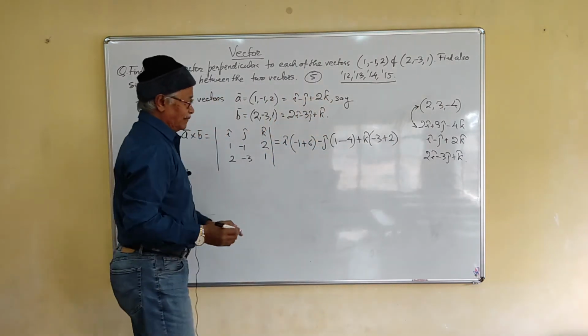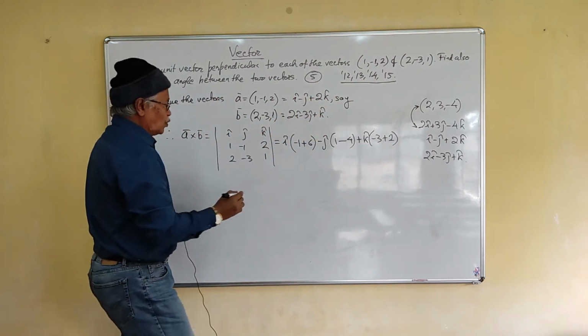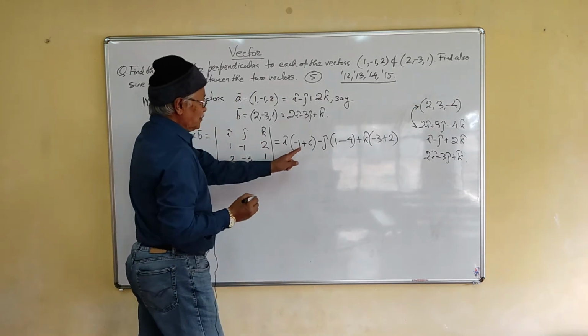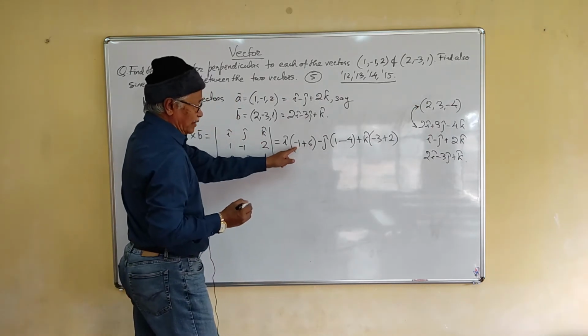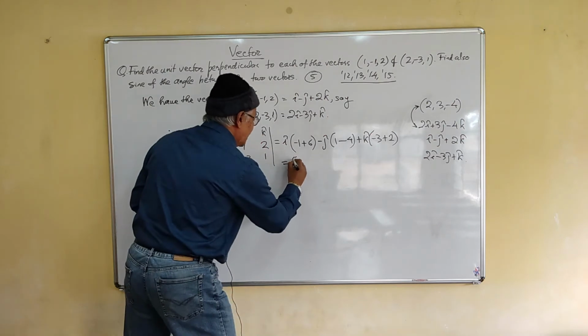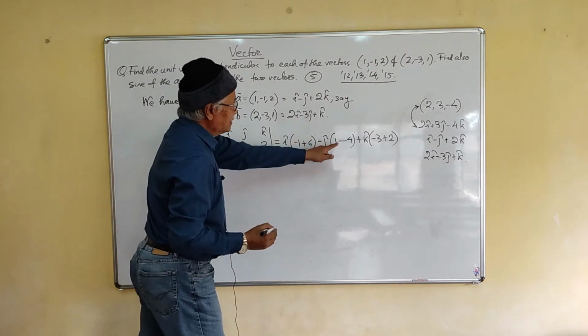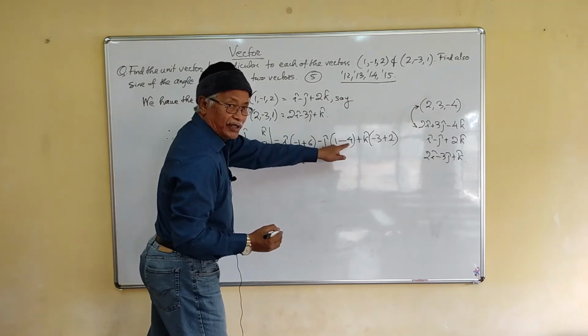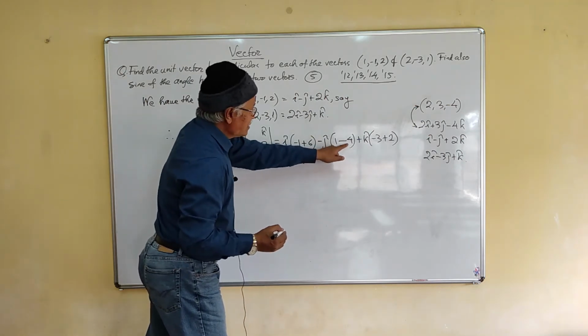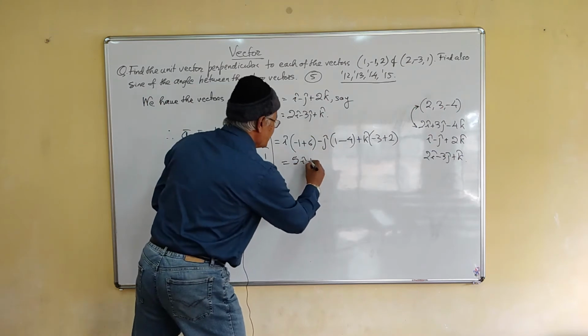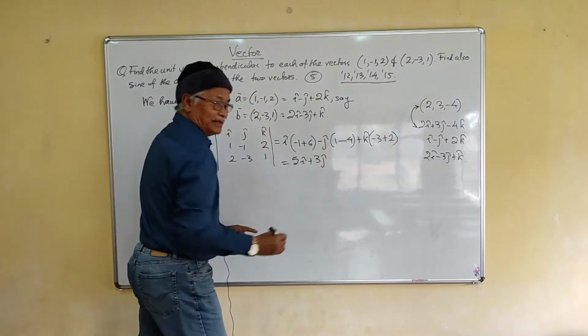Right? That's complete. So 6 minus 1 is 5, 5i. Minus, this is 1 minus 4, which is minus 3. Minus 3 multiplied by minus will be plus 3j.